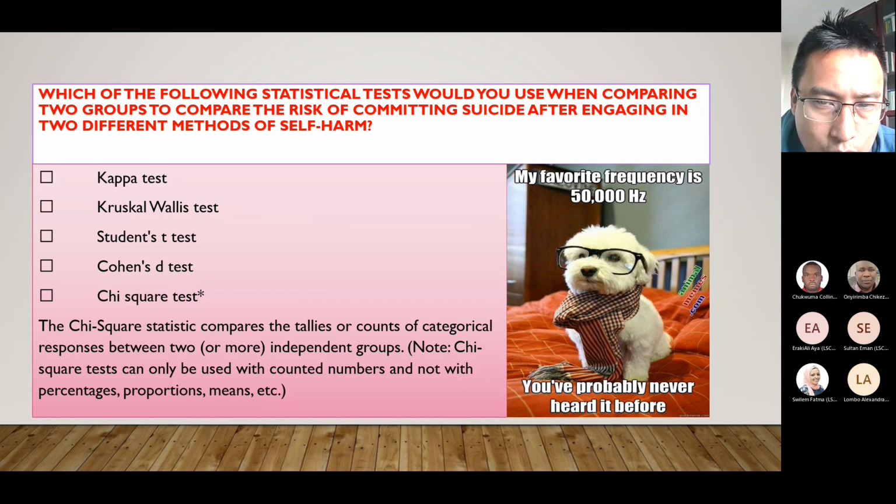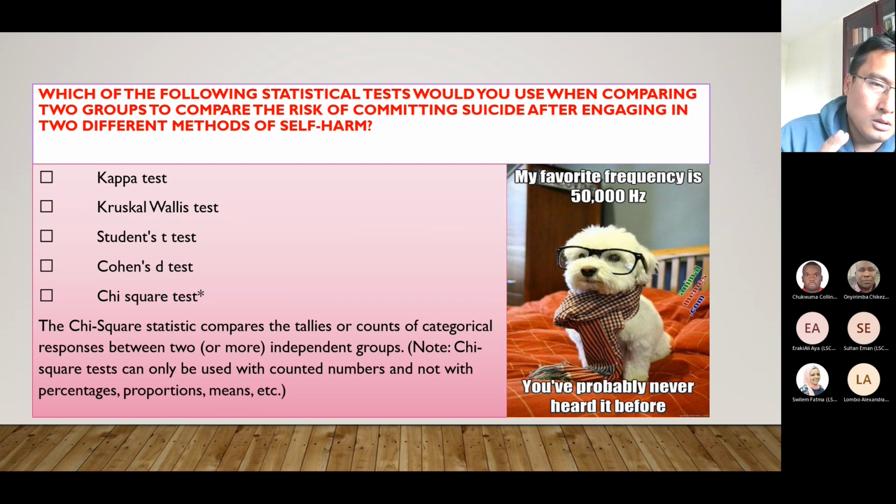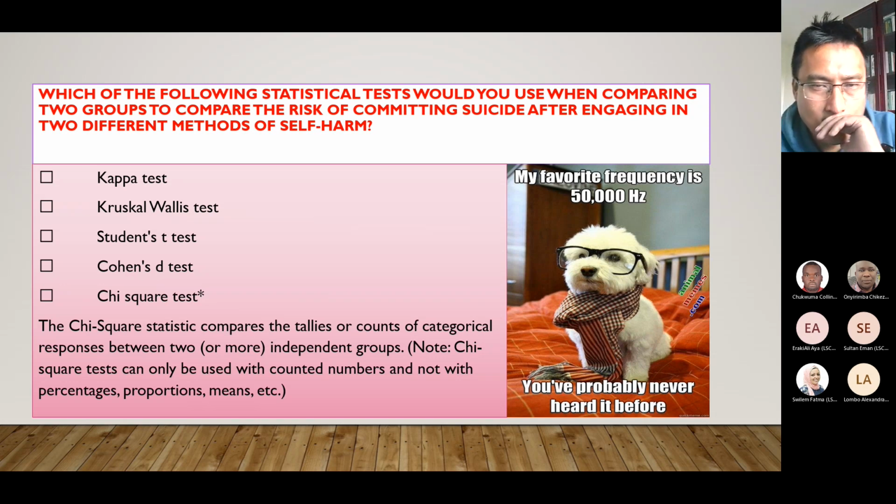Which of the following statistics would you use when comparing two groups to compare the risk of committing suicide after engaging in two different methods of self-harm? Is it paired or unpaired? There are two groups, two different self-harm methods.